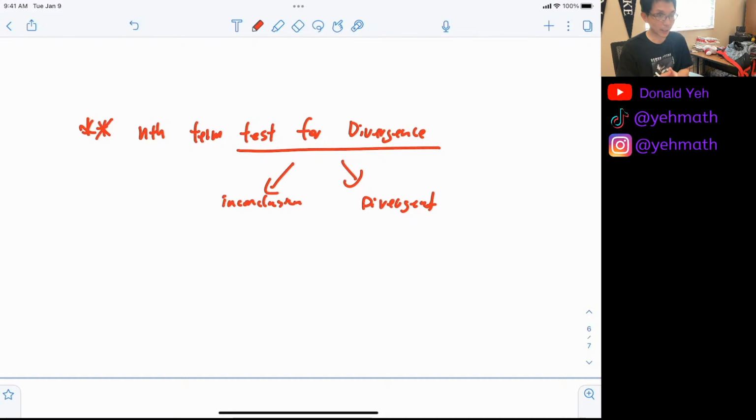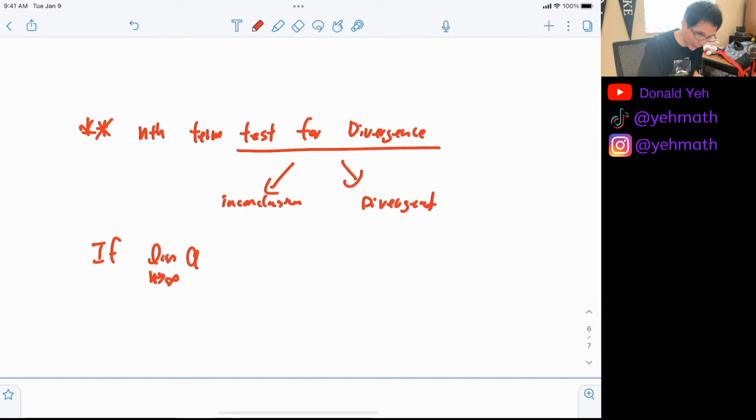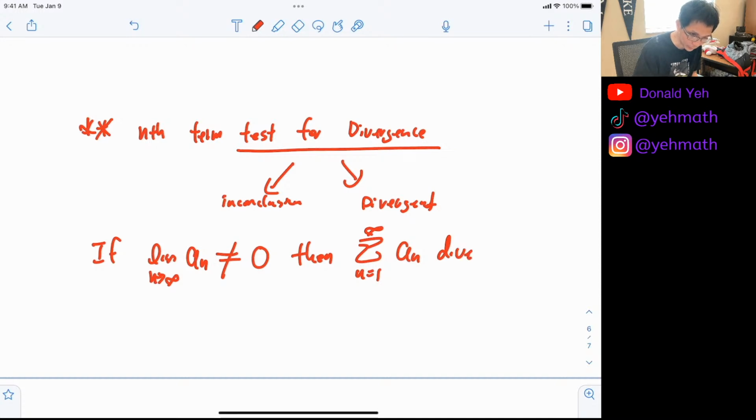But this particular test, I'm going to write down the test. If the limit as n approaches infinity of a_n, now we are not talking about the series, we're talking about the sequence, is not equal to 0, then the summation from n equal to 1 to infinity of a_n diverges.